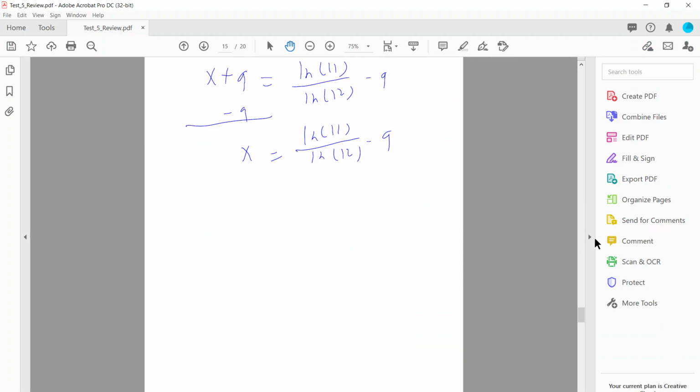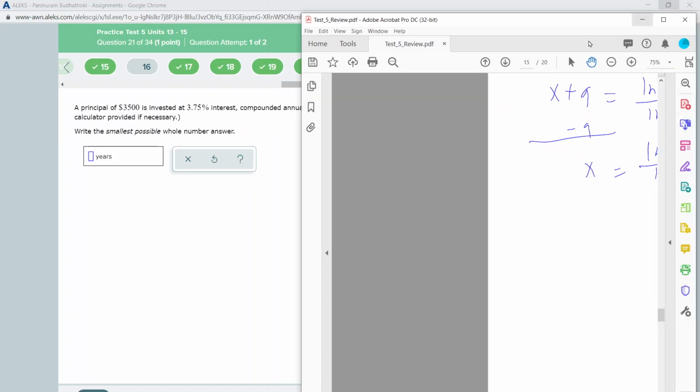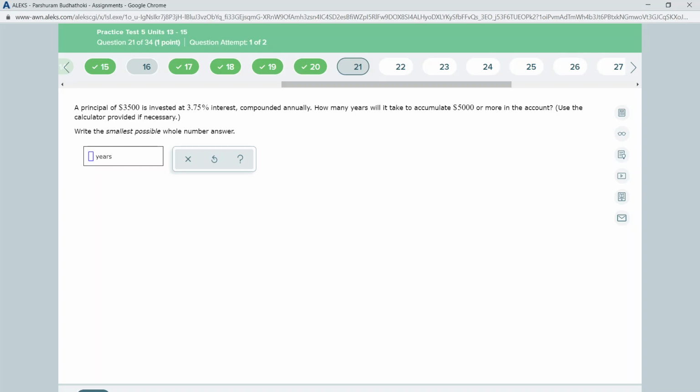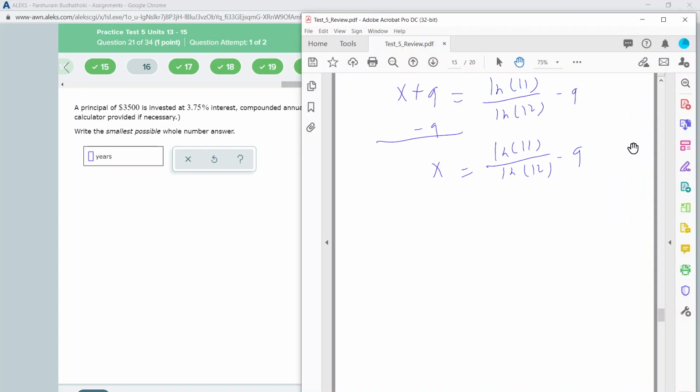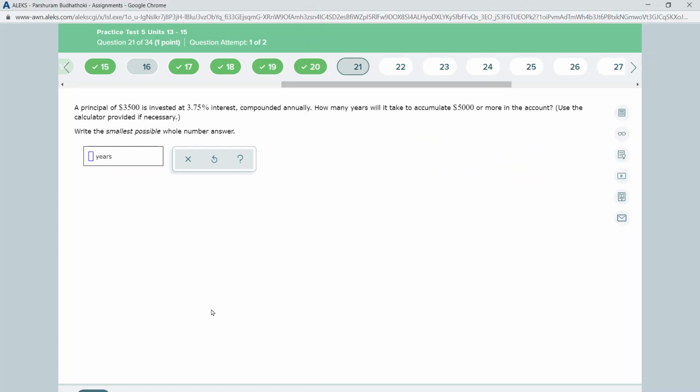Okay, so this is compounded annually, so compounded n times a year. So this is problem 21.